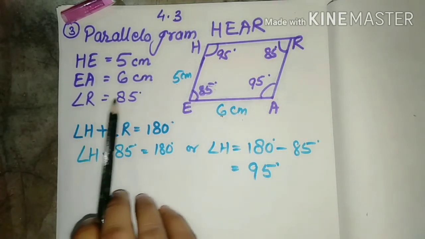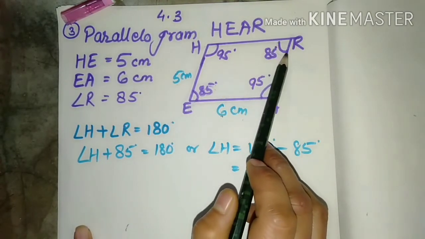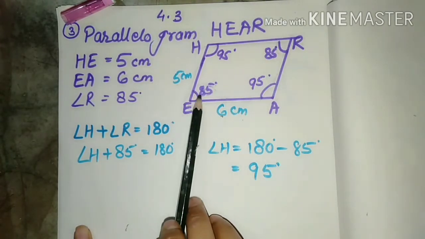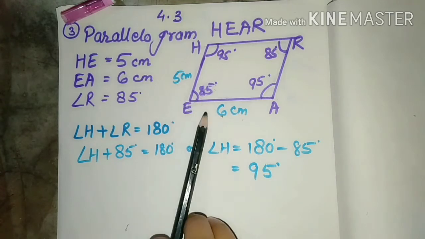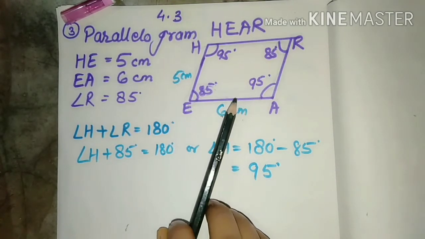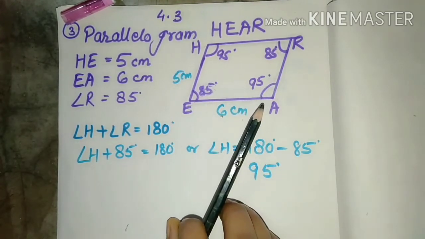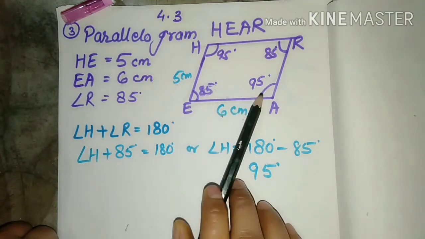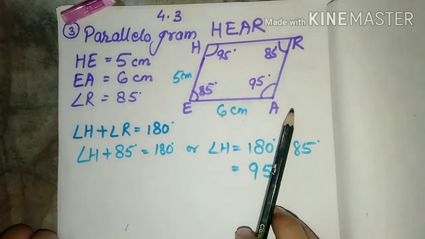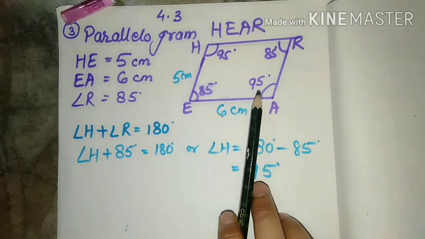Now angle R is given 85 degree, so is angle E, as the opposite angles are also equal, and the sum of these two angles is 180 degree. This is the property of the parallel lines.